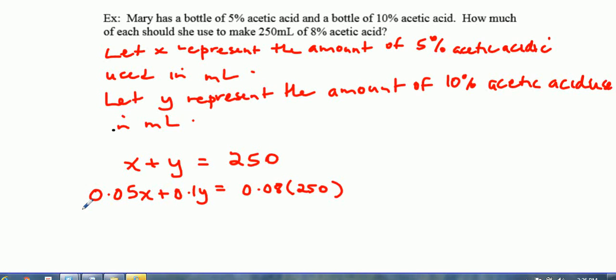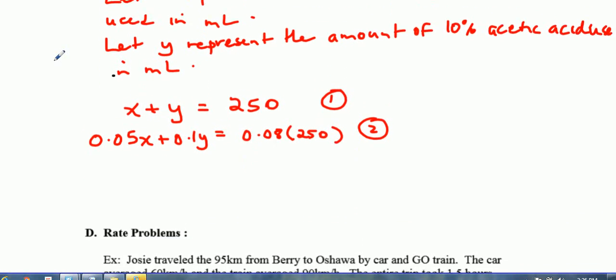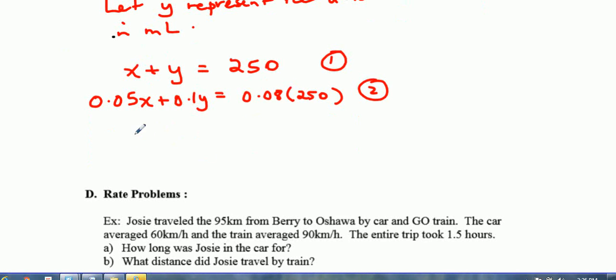All right, so if we now multiply 0.08 times 250, this is our 1, this is our 2, and again, I'm going to rewrite this with the proper number. So this is going to be x plus y equals 250, and this is going to be 0.05x plus 0.1y equals 20.